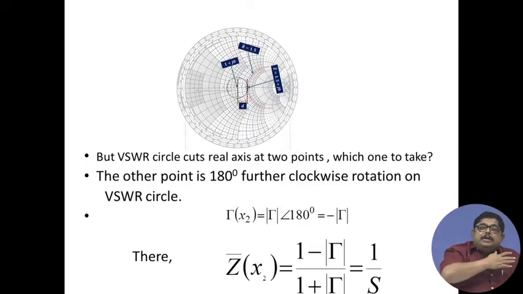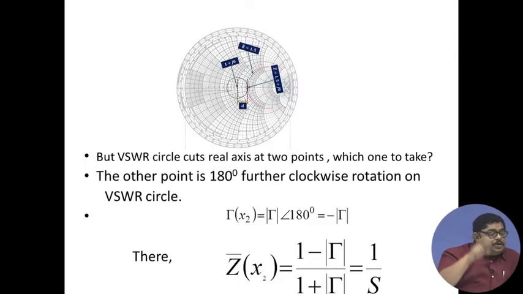Now, we have seen that whatever may be the load, VSWR varies from 1 to infinity, 1 for matched load, infinity for short or open circuit. So, that is the clue to resolve this ambiguity of which point to take.